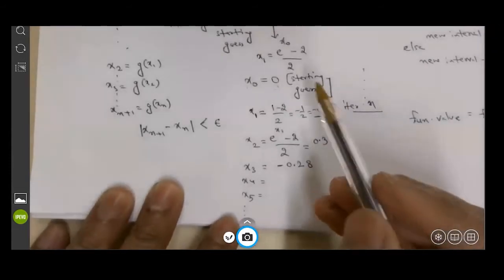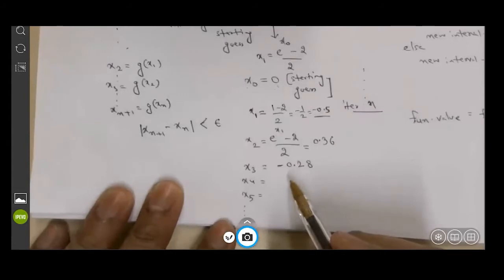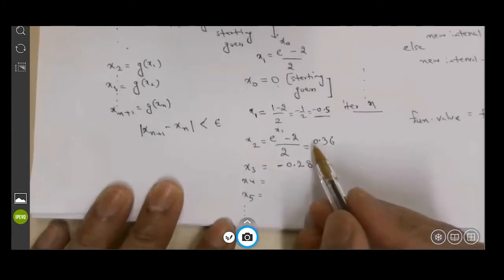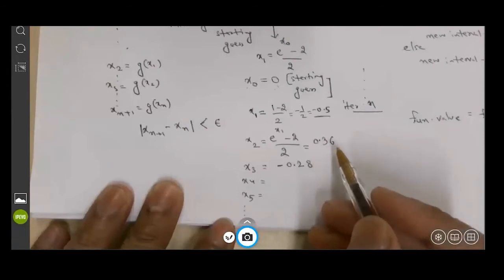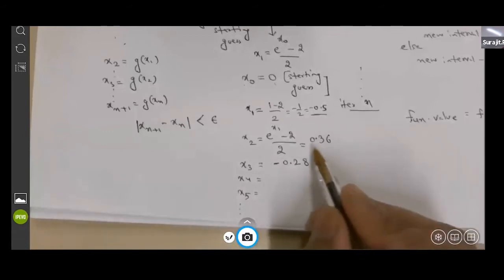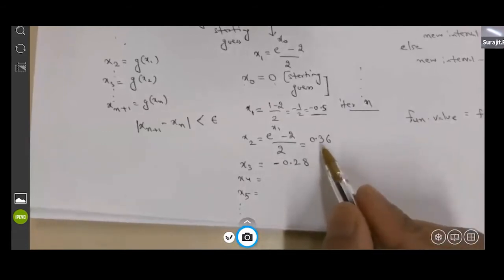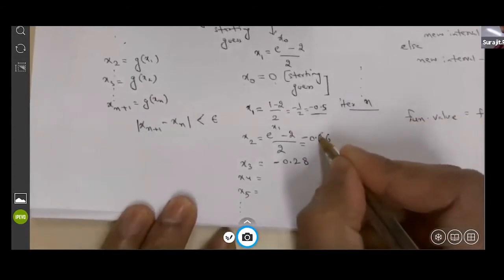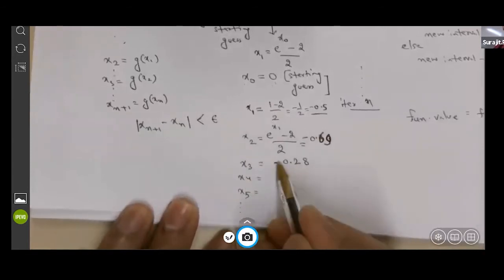For x2, I have negative 0.69. Yeah, I got the same thing. Okay, guys, you have to help me see what the correct value is. So what is x2? I also got negative 0.69. Okay, please correct me here. And what is x3 then?